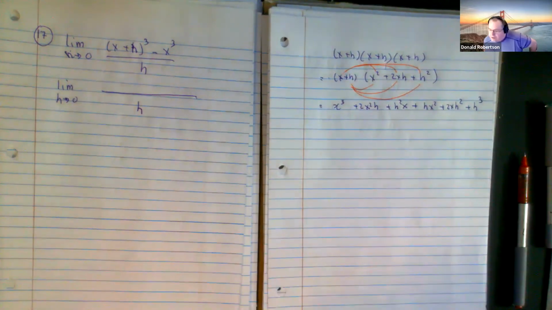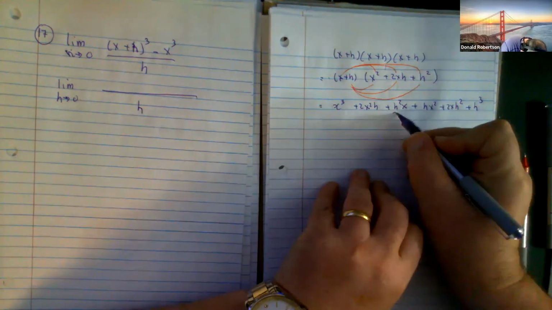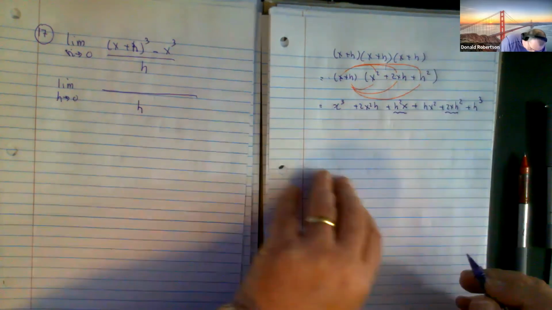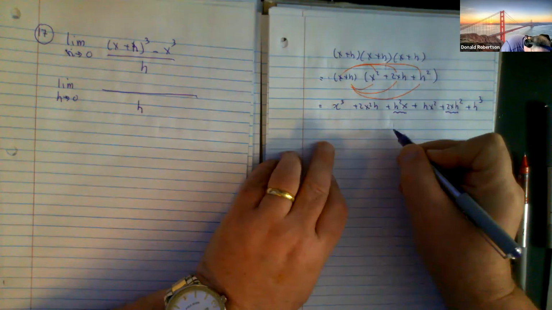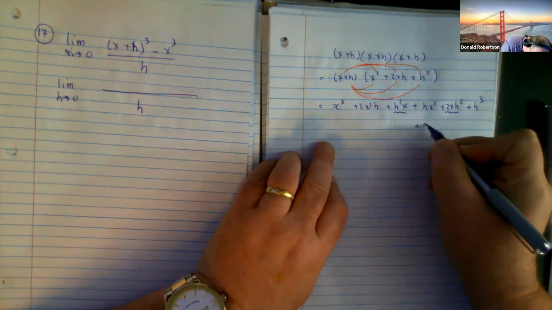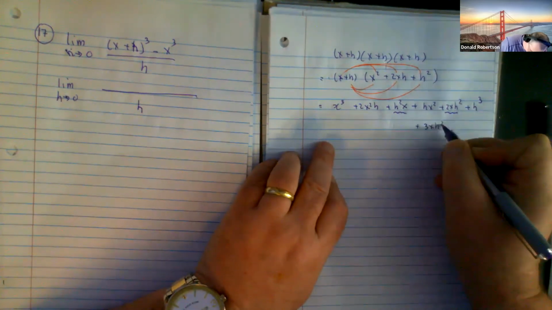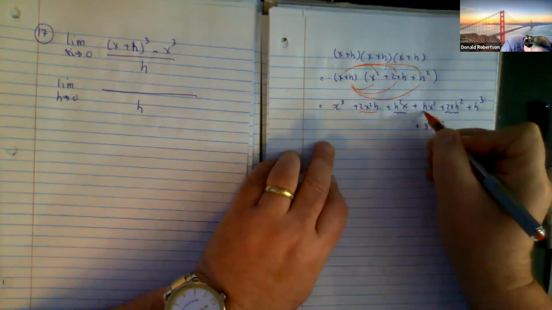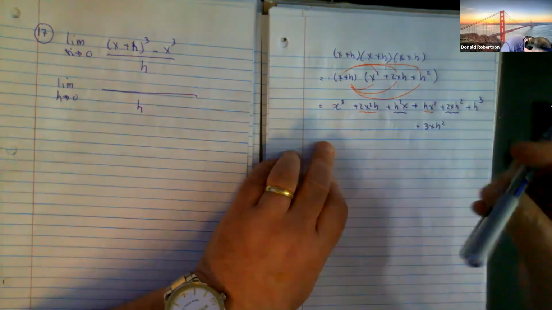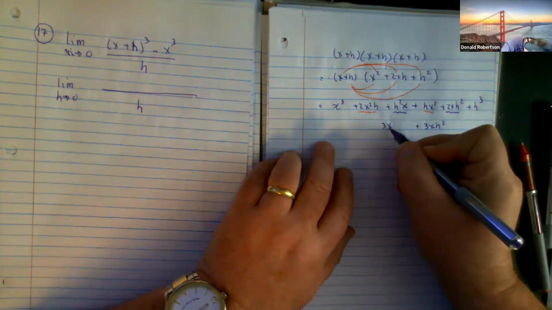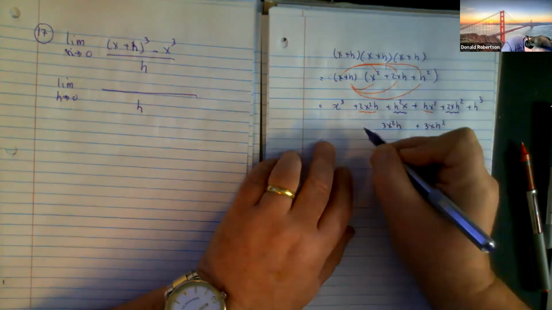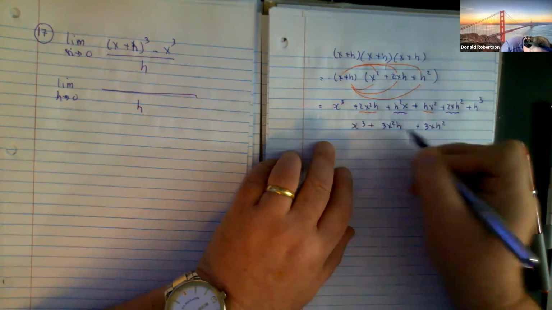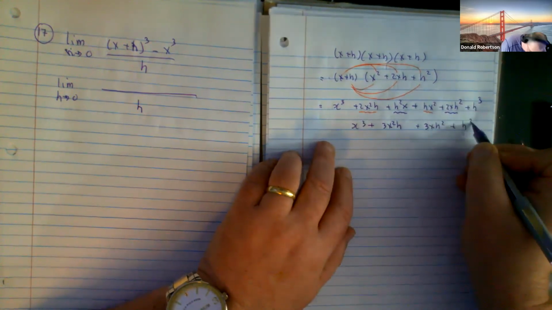So far, so good. Now, if I look carefully, do you notice that that guy and that guy can be combined? And that will get me 3x h squared. And that this guy here and this guy here can also be combined. And that gets me 3x squared h. I still have an x cubed at the beginning, and I still have an h cubed at the end.